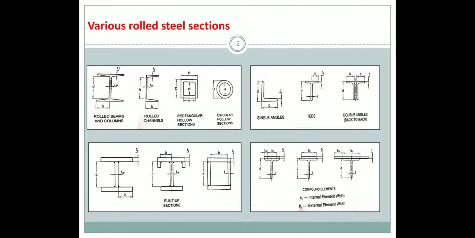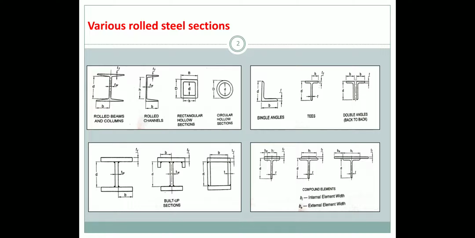Next, the single angle section, which has equal and unequal legs. If you consider the horizontal part of the angle section as leg A and the other leg as B, and both legs are equal in length, then it is called an equal angle section.